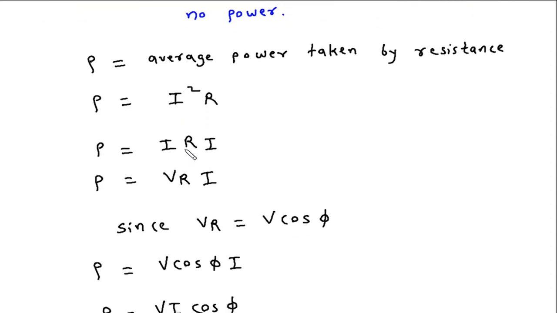Now if we separate this, P is equal to IR into I. Now we can replace this I into R by VR.